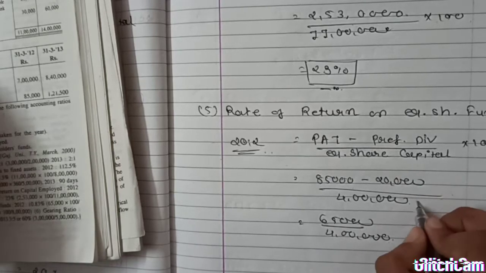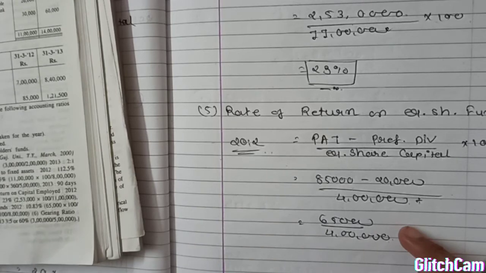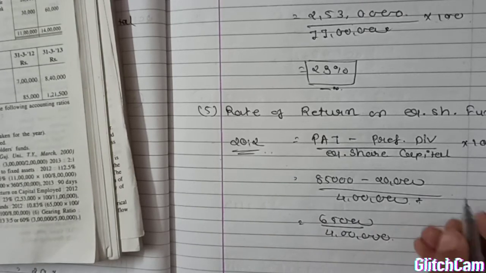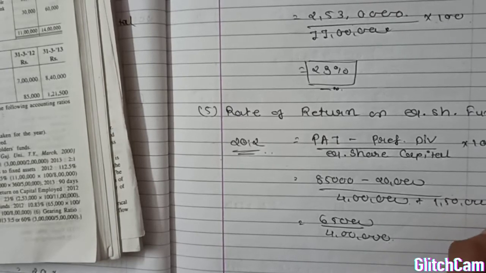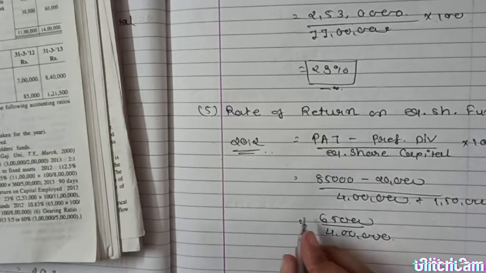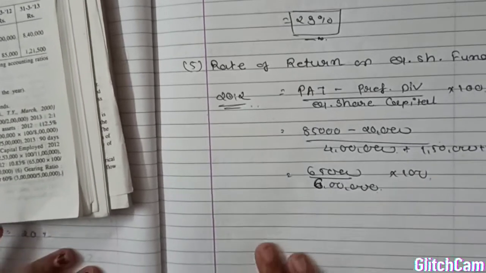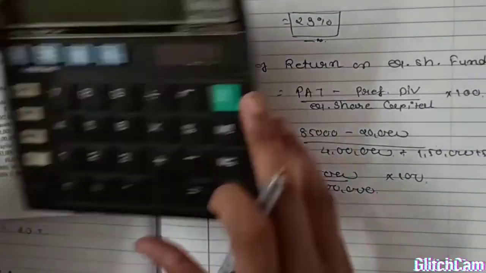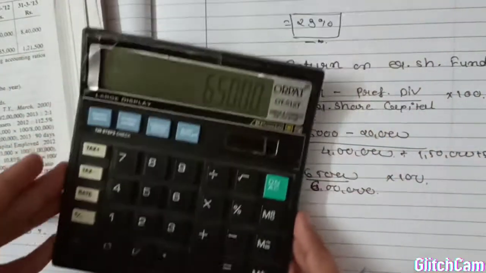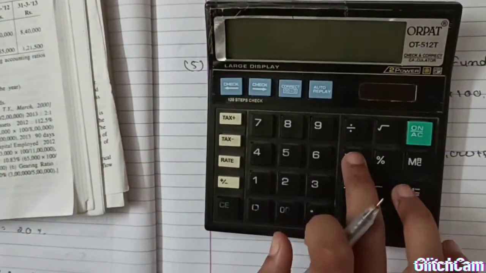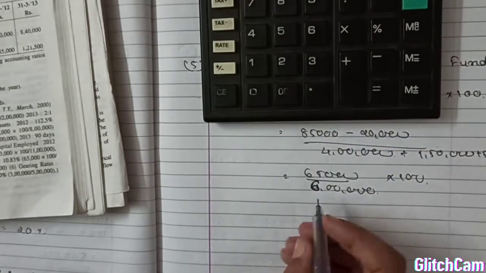Equity share capital also includes general reserve and P&L. So general reserve comes 1,50,000 plus 50,000. It will come 6 lakh into 100. 65,000 divided by 6 lakh into 100. It will come 10.83%.